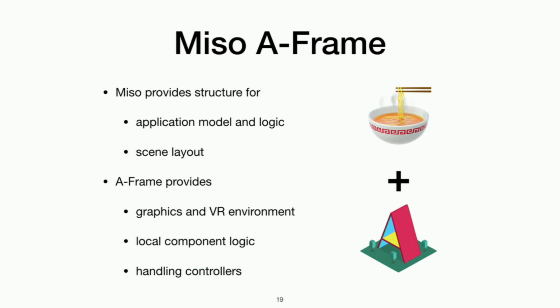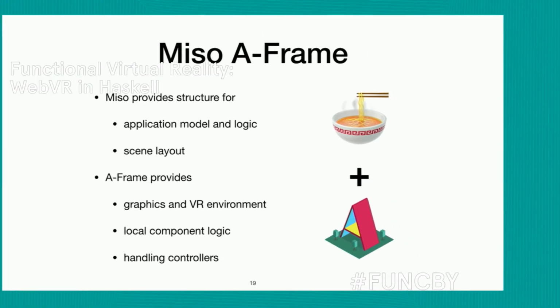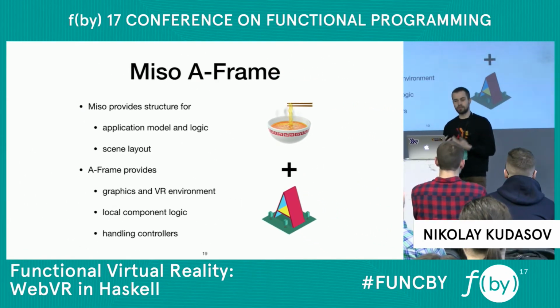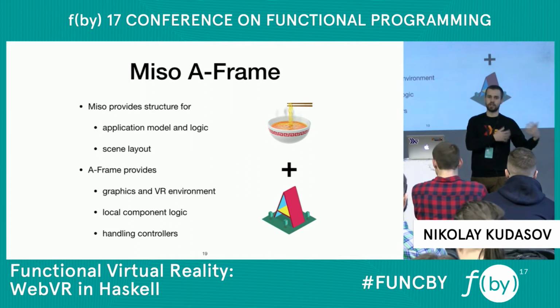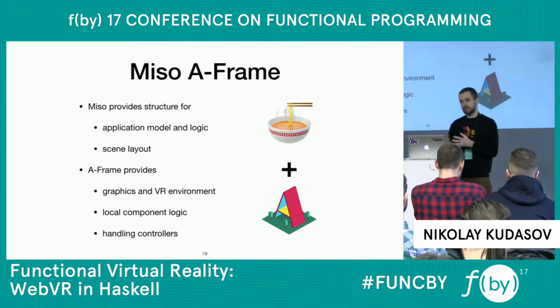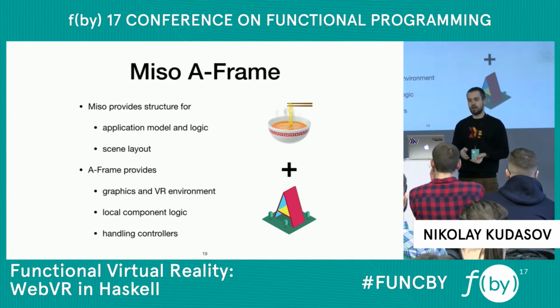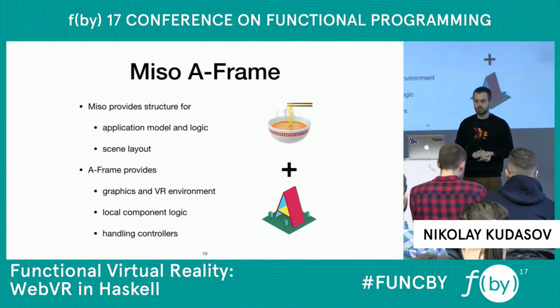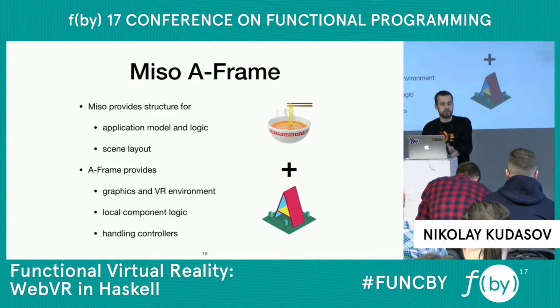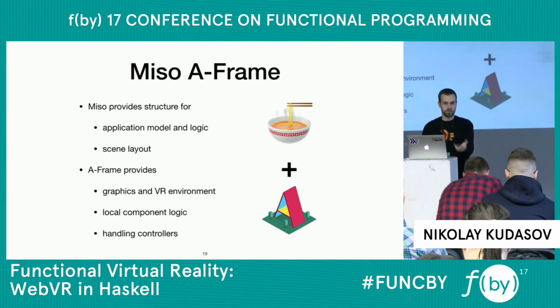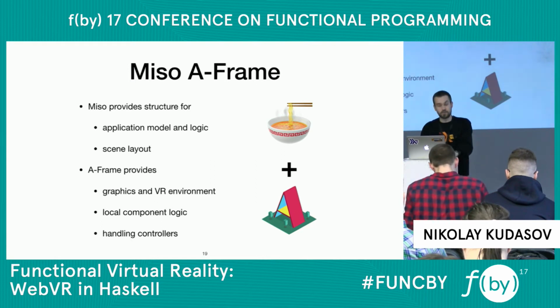In this idea, Miso provides structure for application model and logic, and provides tools to construct those HTML scene layouts. And AFrame provides graphics, a VR environment, performance, some local component logic, and also AFrame has a lot of third-party components that we would like to use, so it will provide that as well.